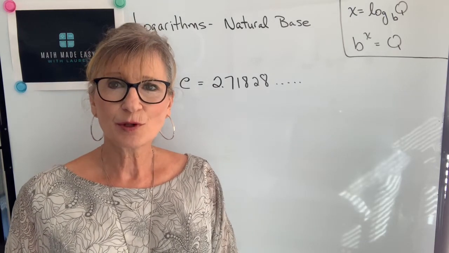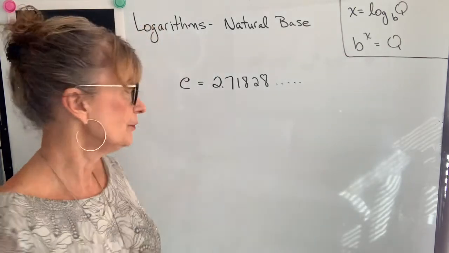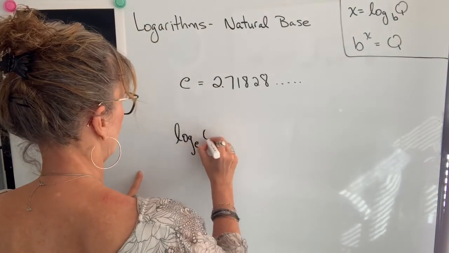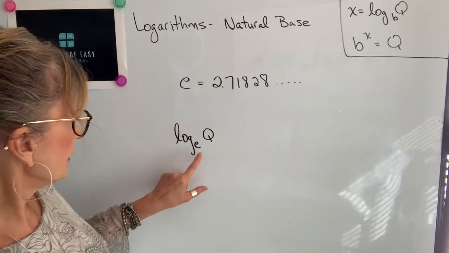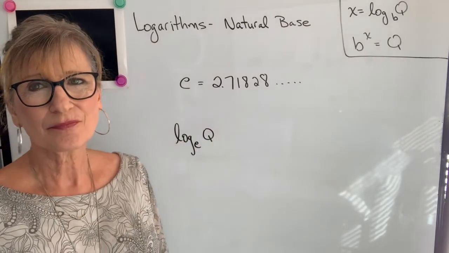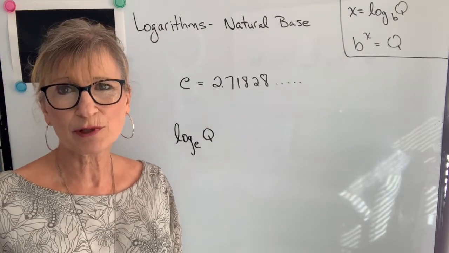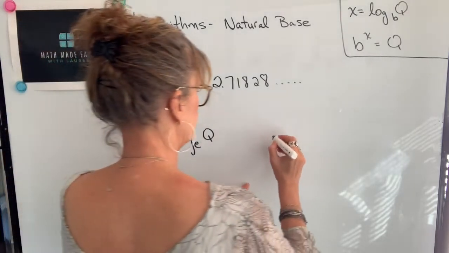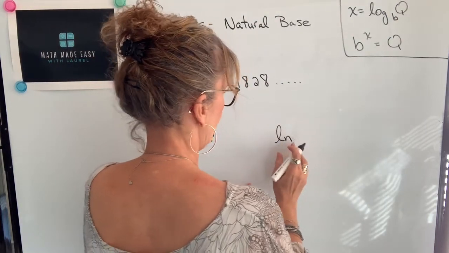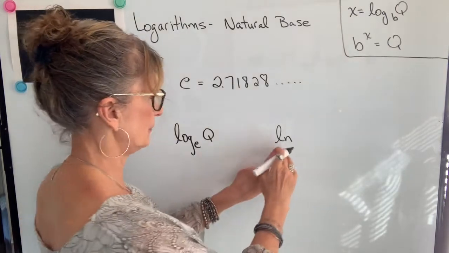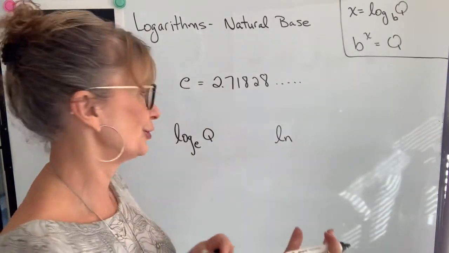So let's talk first about the notation. When you have log base e, instead of writing log base e, it's been decided to use another symbol to represent that, and that's ln, for natural log. I think it's Latin for log natural, though I don't know the exact Latin term.